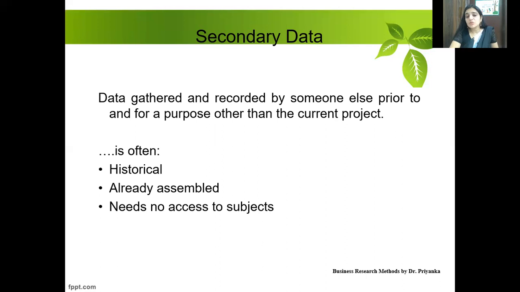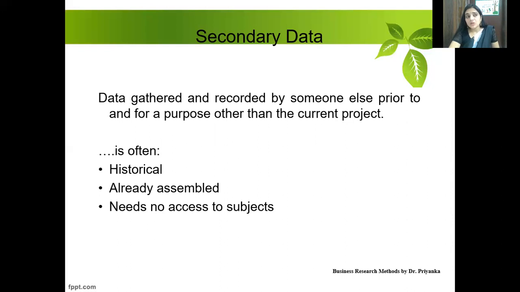Then, it needs no access to subjects. You do not have to go to companies to ask for the same data again and again. You will just get the data through other researchers and online databases. And secondary data can relate to subjects, not exactly companies.